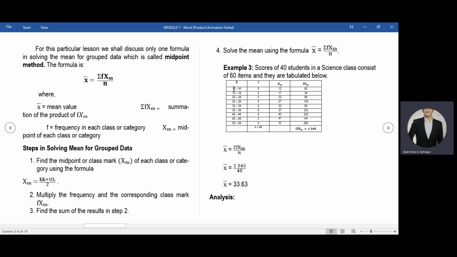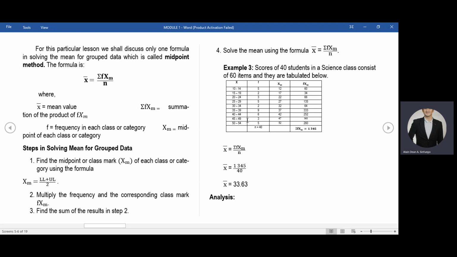For example, in number 3, we have lower limits 10 for the first class, 15, 20, 25, 30, 35, 40, 45, 50, and the upper limits will be 14, 19, 24, 29, 34, 39, 44, 49, and 54.